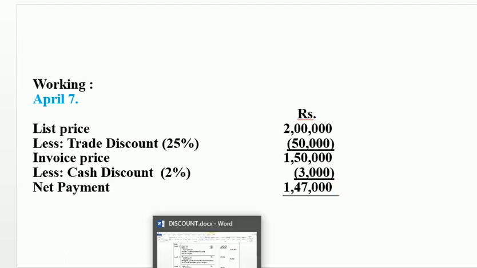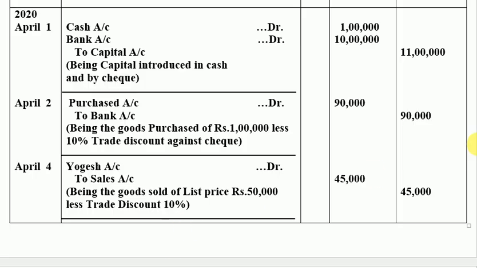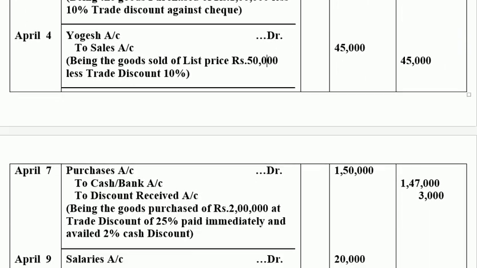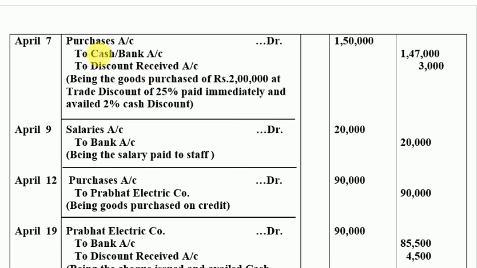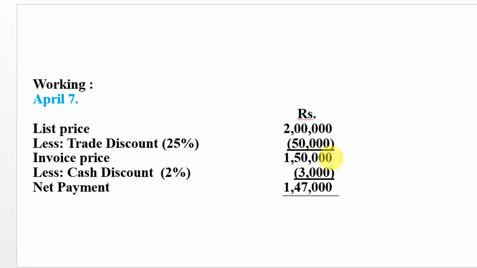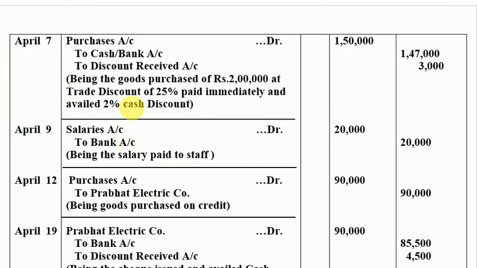So here the journal entry of this transaction is purchase account debit, that is 1,50,000. To cash or bank account, how much amount we are paying, that means Rajiv is paying to the seller, that is 1,47,000.